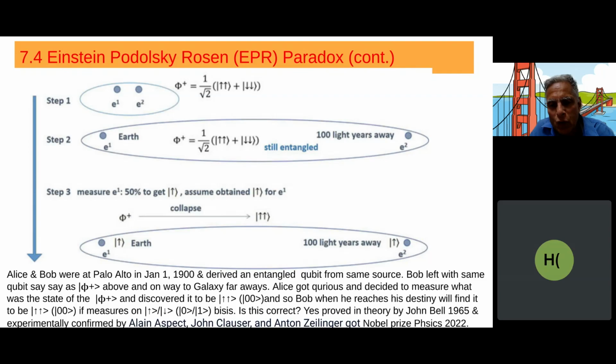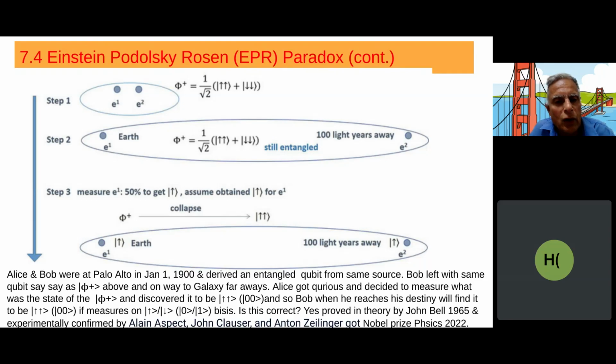But this is not true, because in 1965, Bell took the EPR paper and said that if the hidden variable exists, then either it can travel faster than the speed of light, and the hidden variable carries it, or, if that is not true, then the hidden variable theory is not correct.